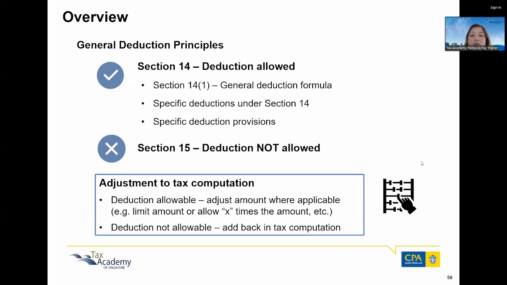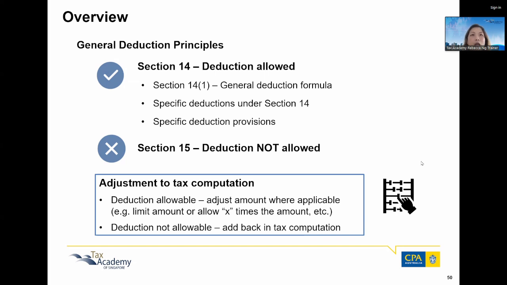So if all the expenses are included in the profit and loss, we will remove those expenses that are not deductible. By removing it from the net profit before tax, we mean that we add back the amount, because remember, for the tax computation, we always start at the net profit before tax line item.